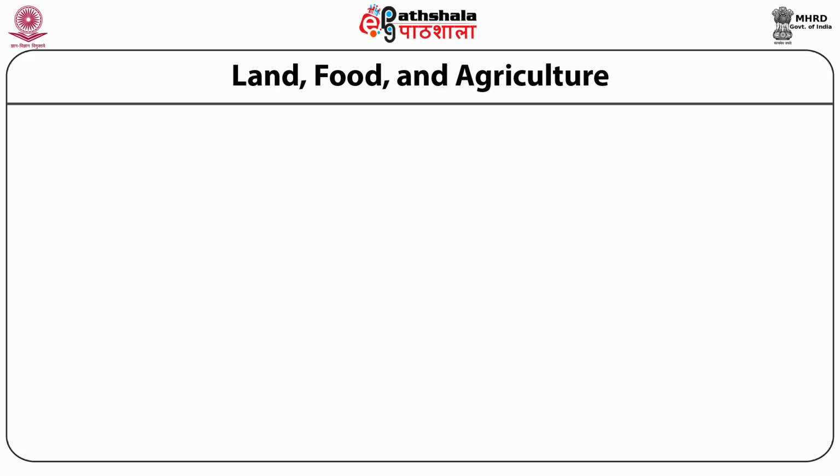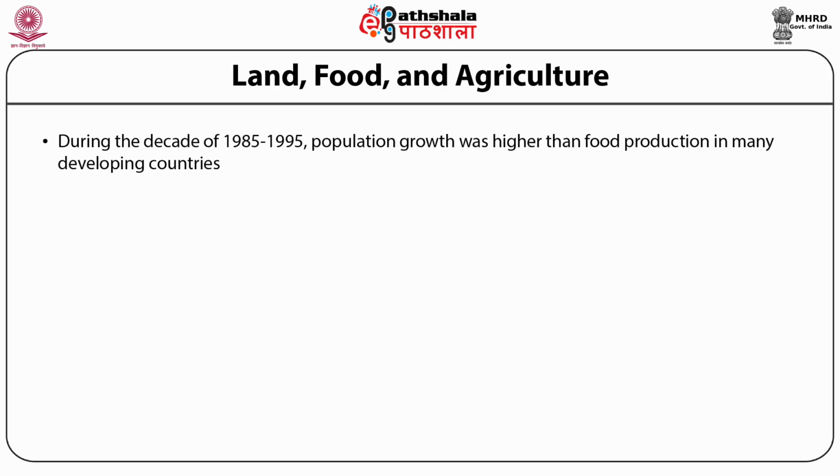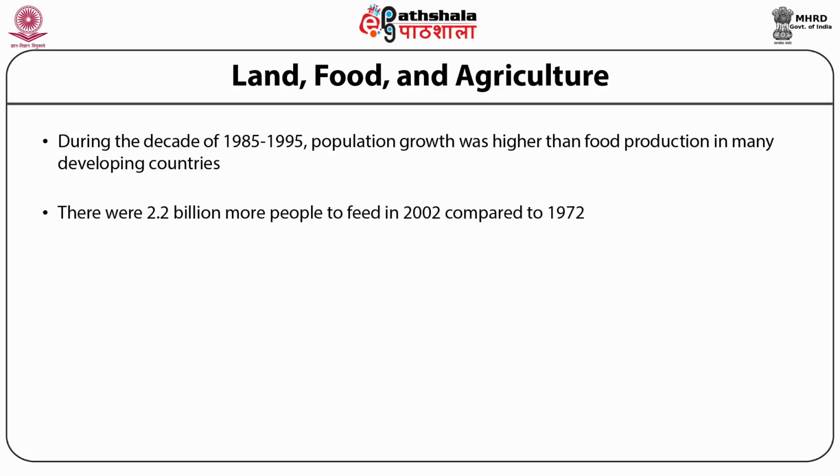Land, food, and agriculture. During the decade of 1985 to 1995, population growth was higher than food production in many developing countries, including Africa. There were 2.2 billion more people to feed in 2002 compared to 1972.